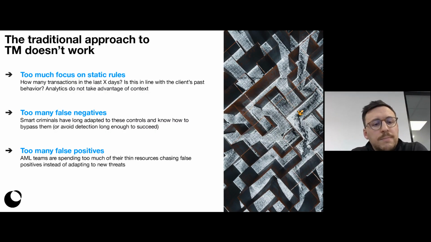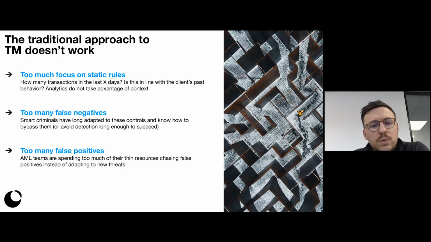However, we've seen that what we would call the traditional approach to transaction monitoring comes with some challenges and has shown some weaknesses for different reasons. First of all, usually the traditional TMSs have too much focus on static rules and isolated threats, such as a single pattern, like how many transactions in the last X days.